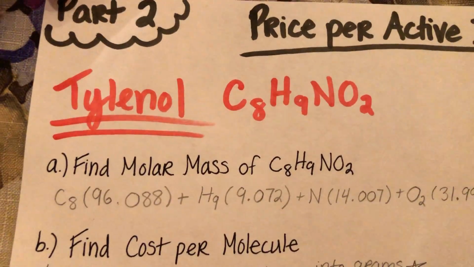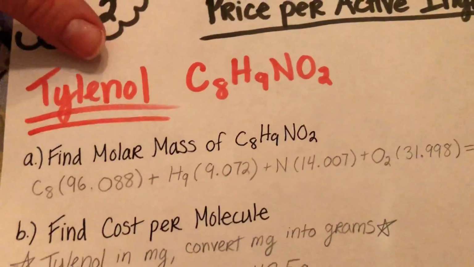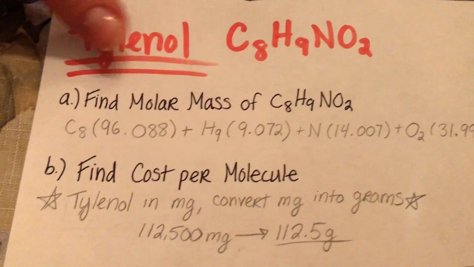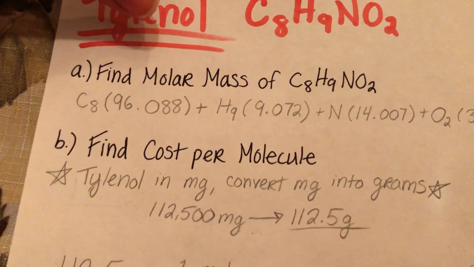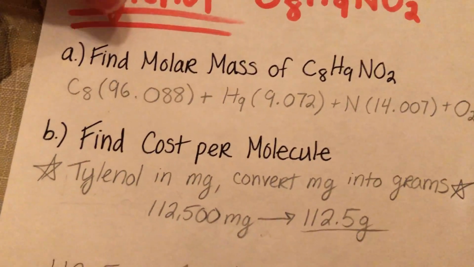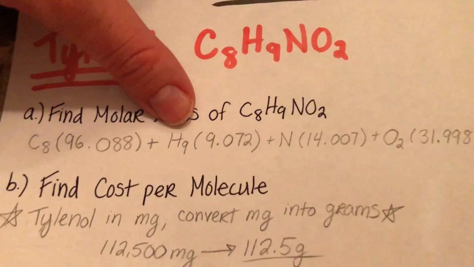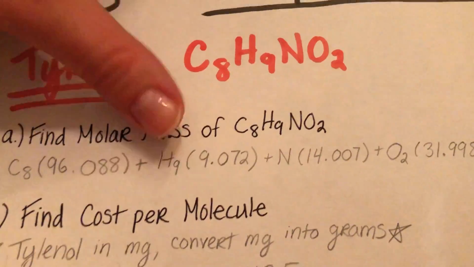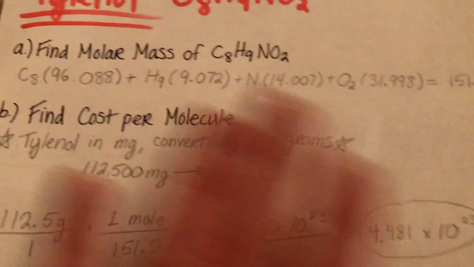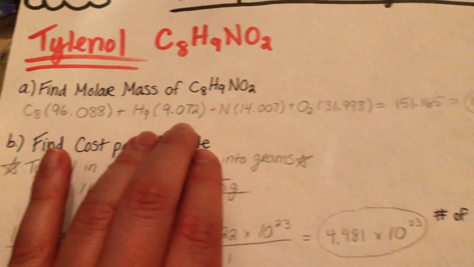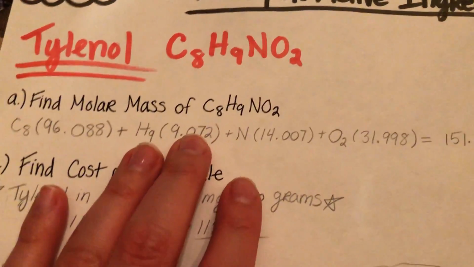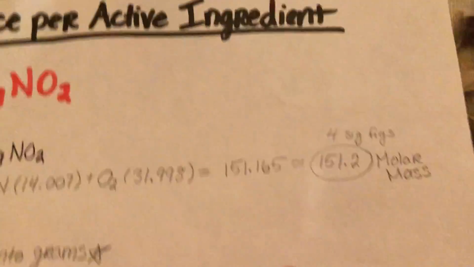So first thing we're gonna do, we're gonna find the molar mass. So carbon, 12.011 times 8. That's giving you this. Hydrogen, 1.008 times 9. That's giving you this. So on and so forth. I didn't round these off from the periodic table; I put them exactly as they are.